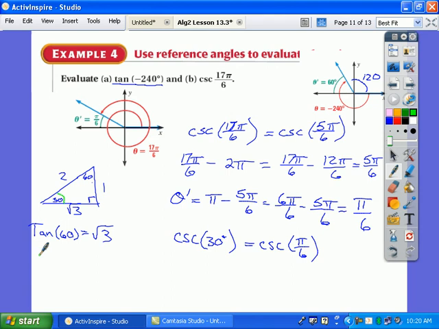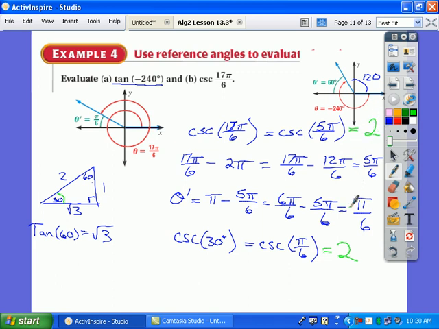So cosecant of 30 degrees, or cosecant of pi over 6, is just 2, which means that cosecant of 5 pi over 6 radians is also just 2. The reference angle tells us about the original angle. If I know this, now I can talk about this one, because I know that 30 degrees is a reference angle for 5 pi over 6.